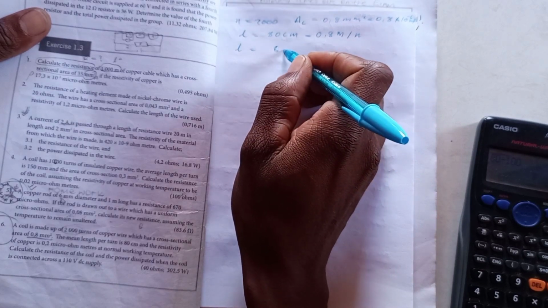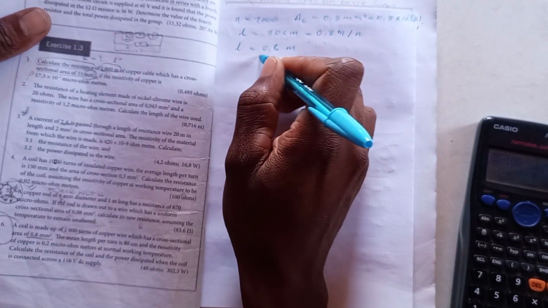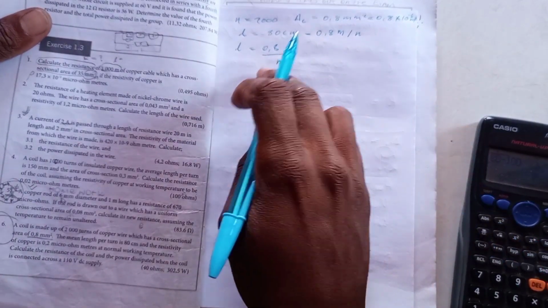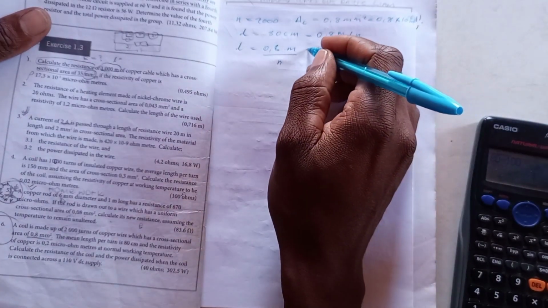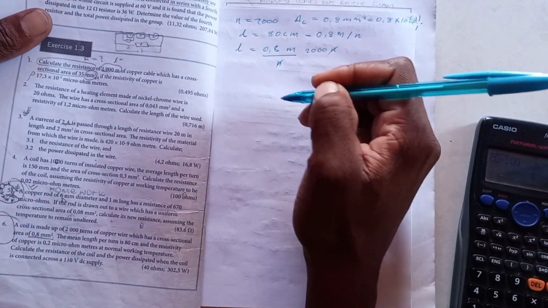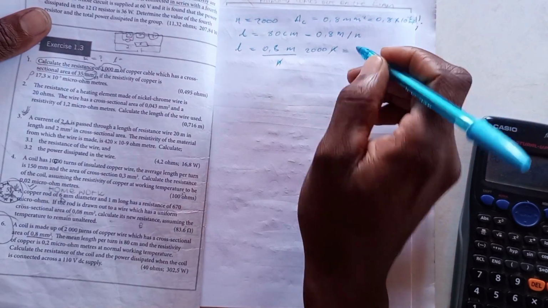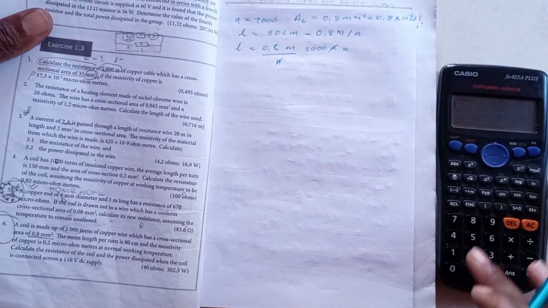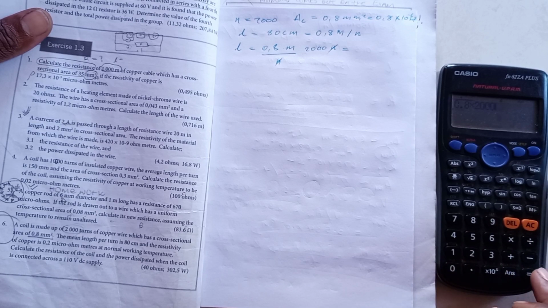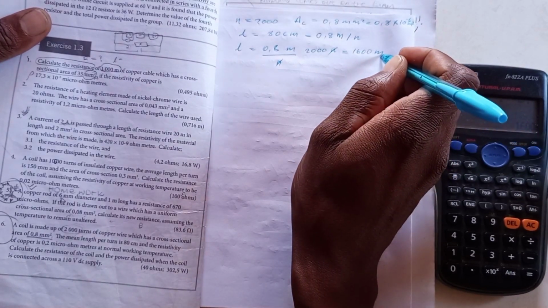So this is the same as 0.8 meters divided by N. If we want to get rid of N, we multiply it by 2000 N. So N and N cancel. So this is going to be 0.8 times 2000. It's 1600 meters.